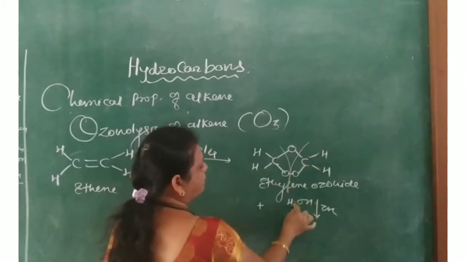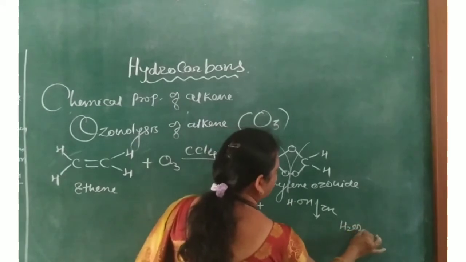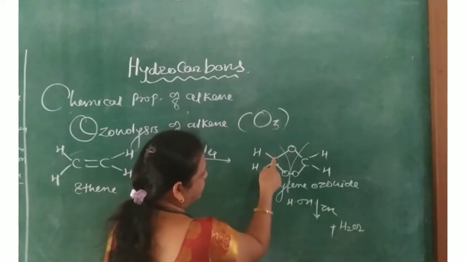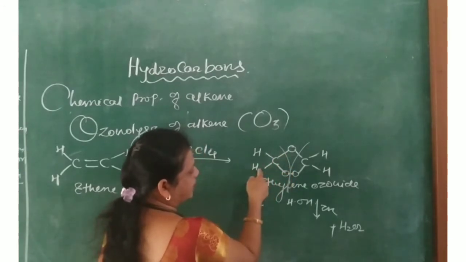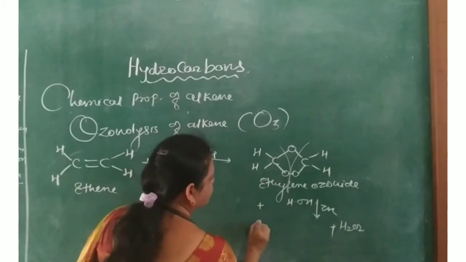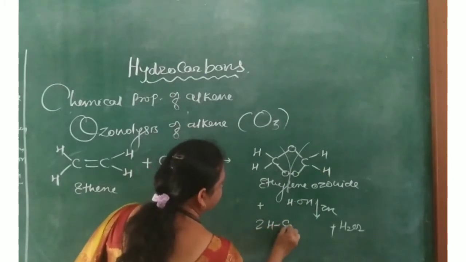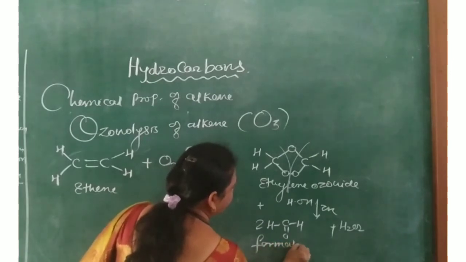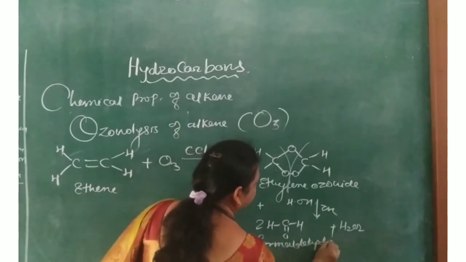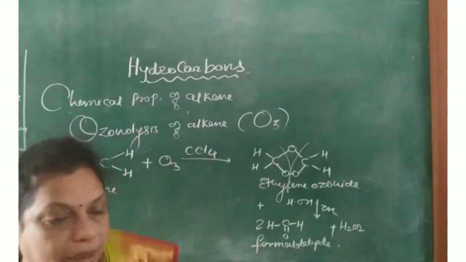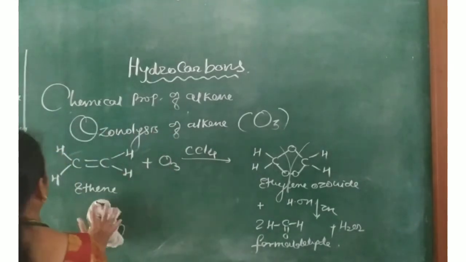This O combines with H2O to form H2O2, plus the remaining HC double bond OH, twice, that is formaldehyde.